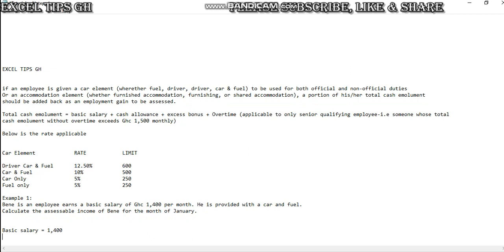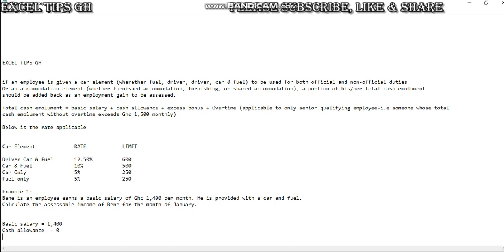We are to charge 10% of the total cash emolument, but as per the information, cash allowances is 0, and there is no excess bonus, nor were we going to be calculating for overtime, or to calculate whether he is a senior qualifying employee whose overtime needs to be added.